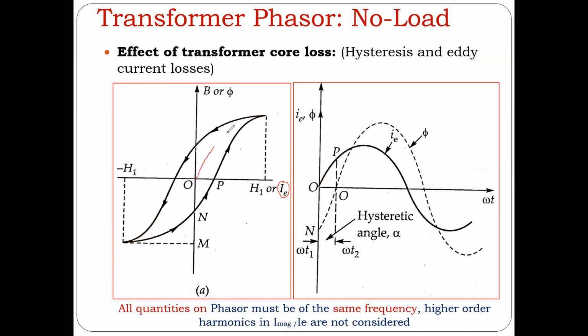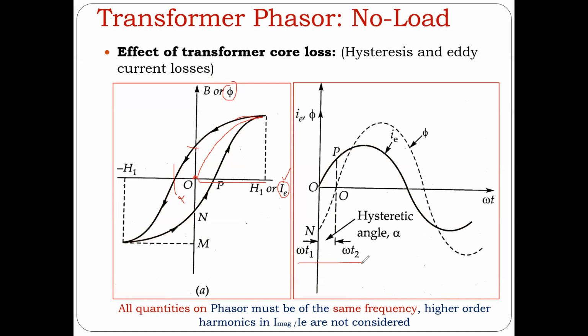Initially, it was all fine. But as the cycle goes on, because we're talking of an AC current, alternating current here, the current becomes 0, but phi does not become 0. It becomes 0 after a certain time, okay?